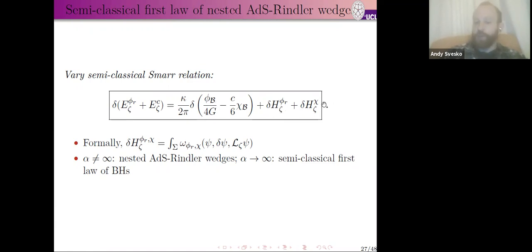And we have these two extra terms, delta H's, and they're formally given in terms of the integral over the Cauchy slice of the symplectic currents that are relevant. There are actually explicit expressions for these, but they're a bit messy, so I spared you the details. Okay, so this is a semi-classical mechanical first law of nested AdS-Rindler wedges.